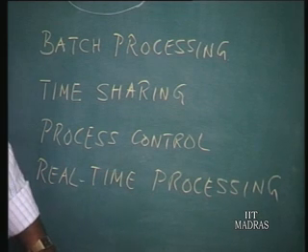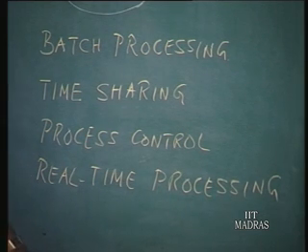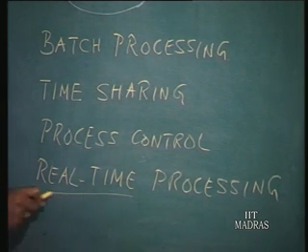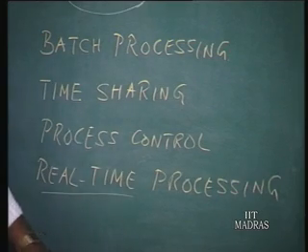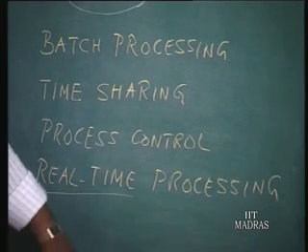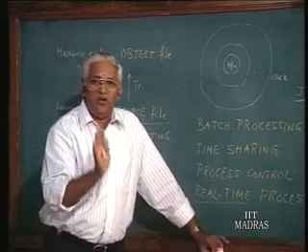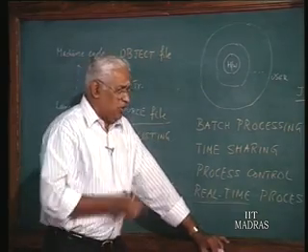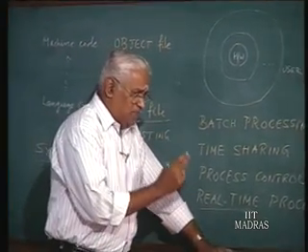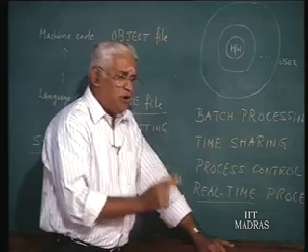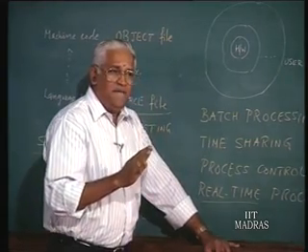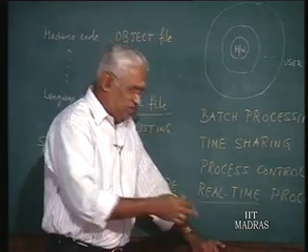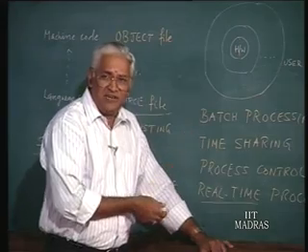Now, what is real time? It is a very relative definition. There is no such thing as 1 second being real time and 100 milliseconds not. It all depends on the application. The system can wait for a particular period, and if within that period the processed information comes back, then it is real time.